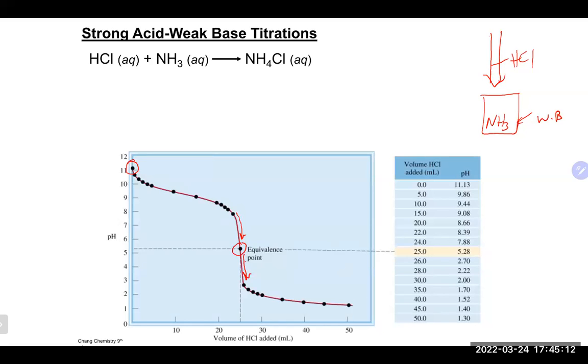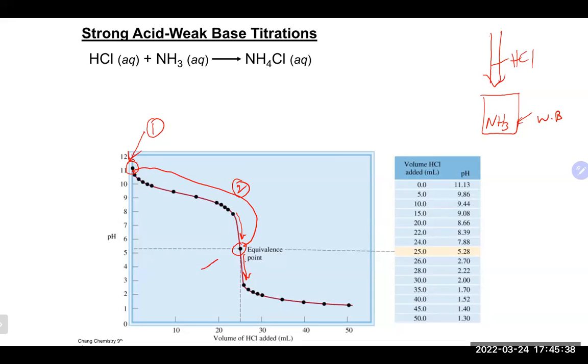So much like the previous titration curves that we looked at, this one as well has the same 4 spots that are really important. Just like before, the first spot is before you really start the titration. The second spot, much like the other ones, is once you start the titration until you reach the equivalence point, or I guess right before the equivalence point.